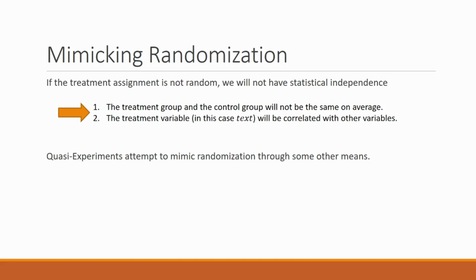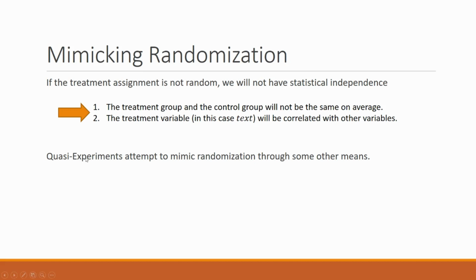So if it's not randomly assigned, then the treatment group will not be the same as the control group on average. And the treatment variable is going to be correlated with other variables, which means we might have variables that are excluded from the model but that are correlated with the treatment variable, which means we can have omitted variable bias.